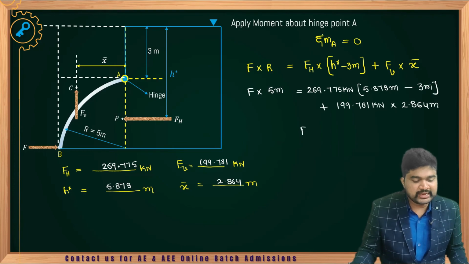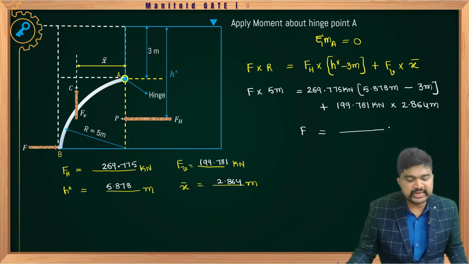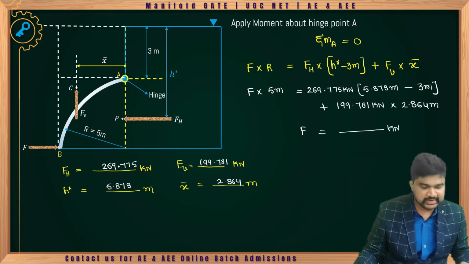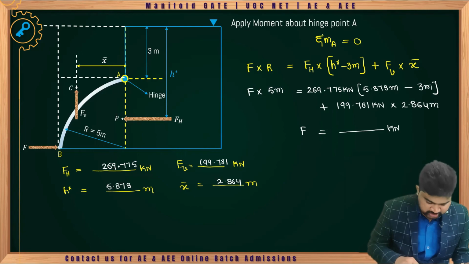Finally, what is the magnitude of F we need to maintain to keep the gate closed? Just calculate and tell me the answer.